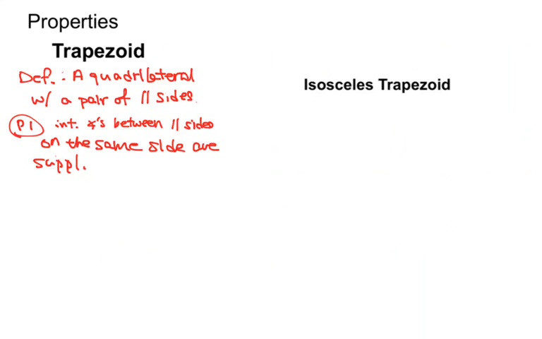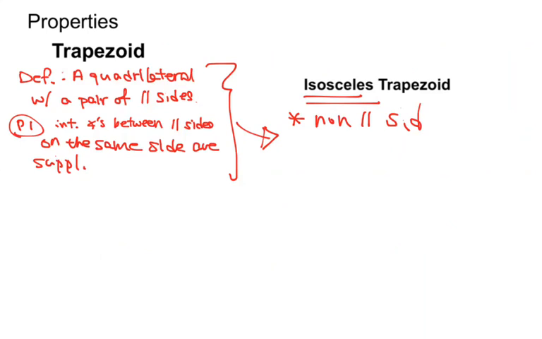But as soon as we see an isosceles trapezoid, of course all these things are still true. But if I have to add one more thing in addition to the definition here, non-parallel sides are congruent. That's one thing which we get to realize.